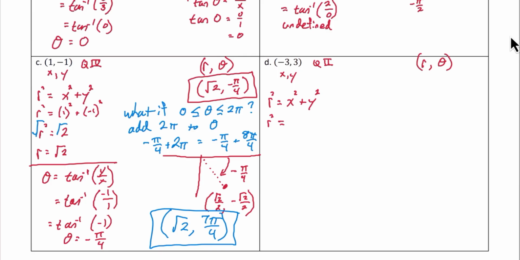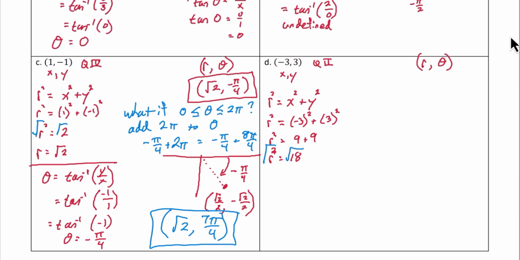R squared is -3 squared plus 3 squared. That is 9 plus 9. R squared is 18. We'll take the square root of both sides.